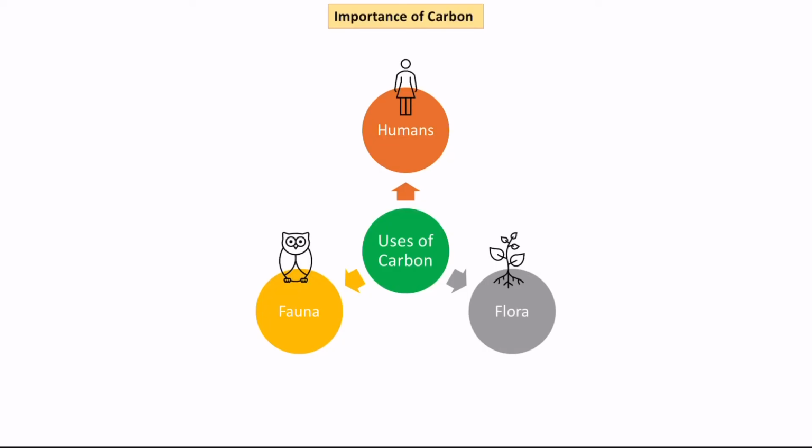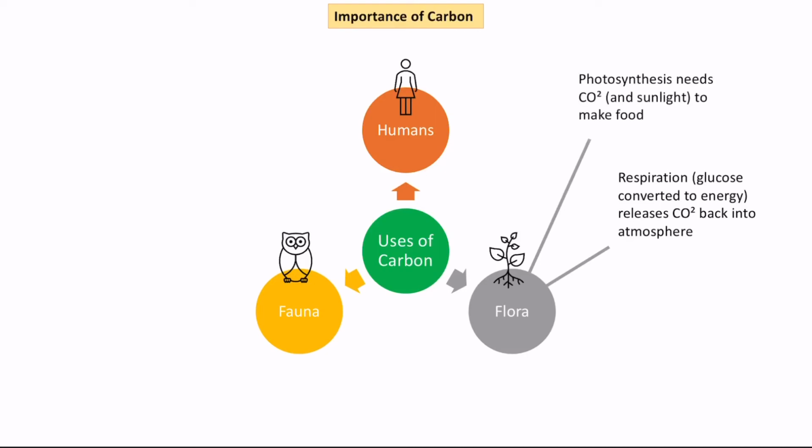The last thing to discuss is the importance of carbon. So we can look at it in terms of plants. Plants have carbon involved in a couple of really key processes. So CO2, carbon dioxide, is used with sunlight to make food through the process of photosynthesis. Once they've got that food in the form of glucose, that's then converted into energy for the plant through the process of respiration.